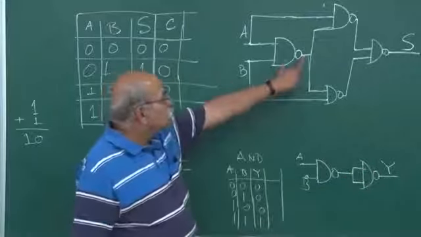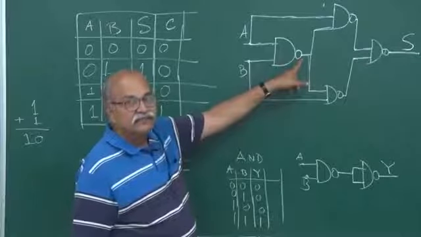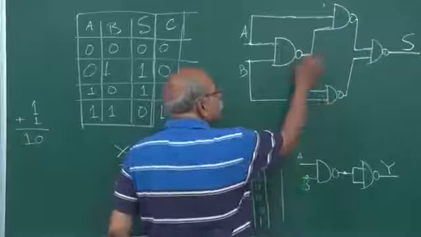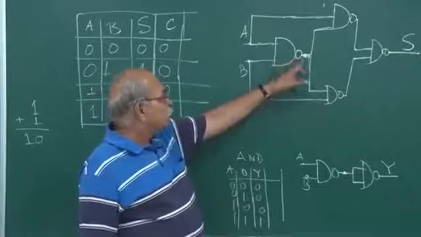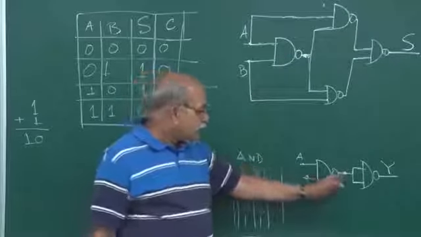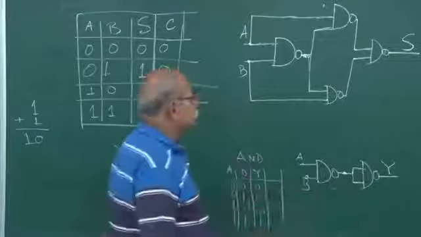So, already I have here this A and B going through this NAND gate. So, this point I already have it here, correct. A and B are going into a NAND gate and the output of that I have to feed in another NAND gate at the two input points.